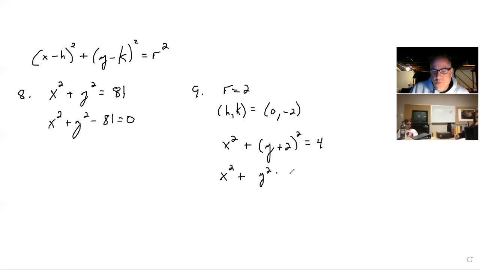So it would be plus 4y, and then plus 4, and then equals 4. So the only other thing I could do is set this equal to 0. When I bring the 4 over to the left side, I'm going to have x squared plus y squared plus 4y, and bringing the 4 over, you're just going to get 0, so equals 0, and that would be your general form.